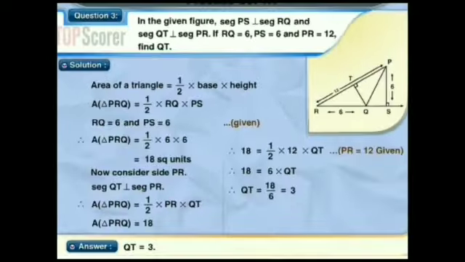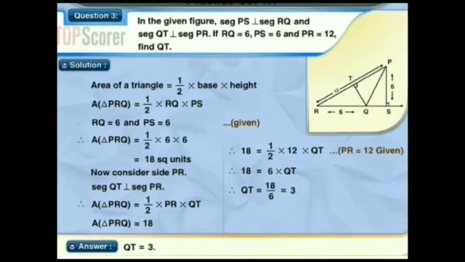So let's see the solution. Area of triangle is equal to half into base into height. So for the first triangle, area of triangle PRQ, we have base RQ and height PS.